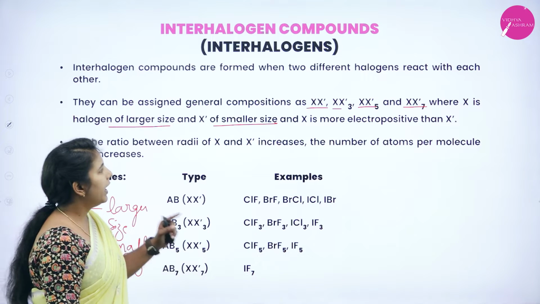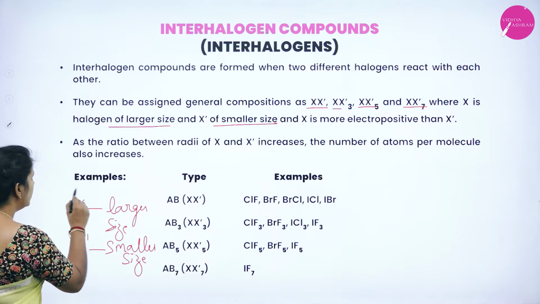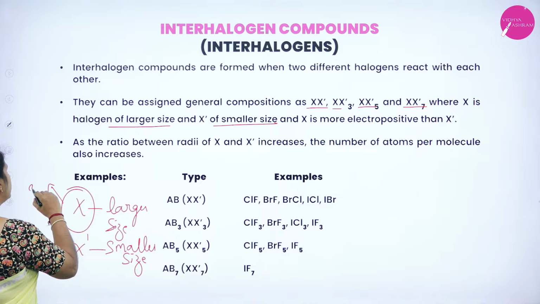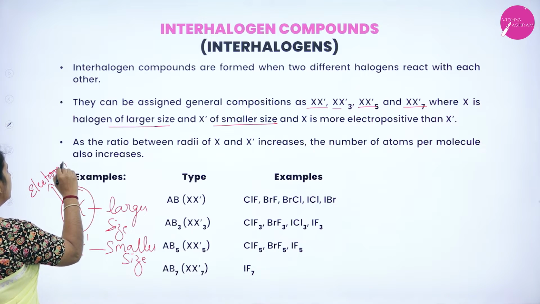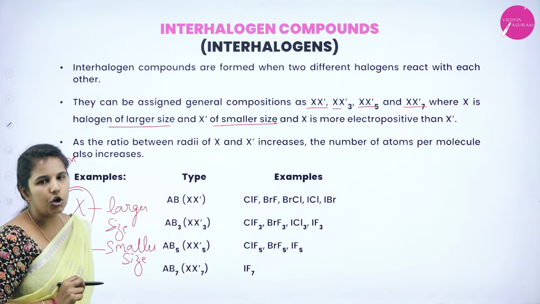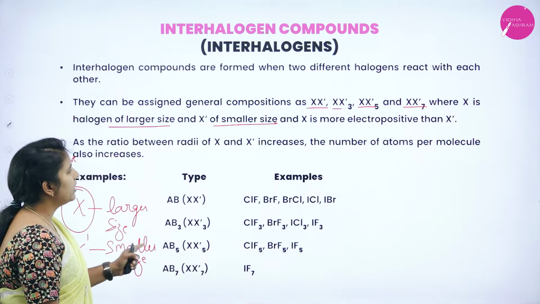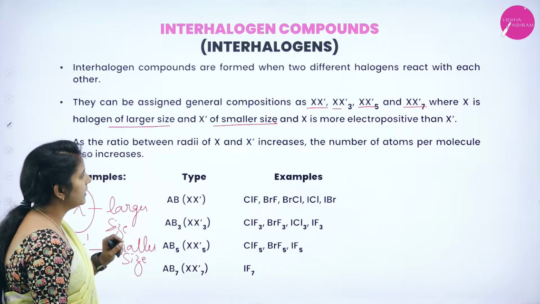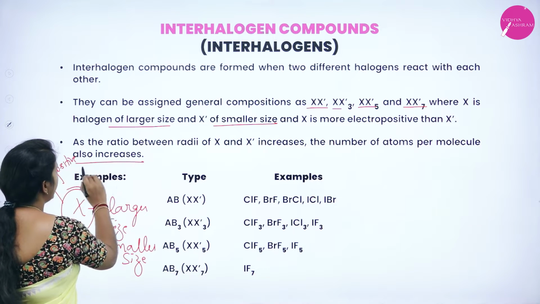X should be more electropositive in nature than X', and only then will the interhalogen compounds be formed. The ratio between the radii of X and X' increases, and the number of atoms per molecule also increases.